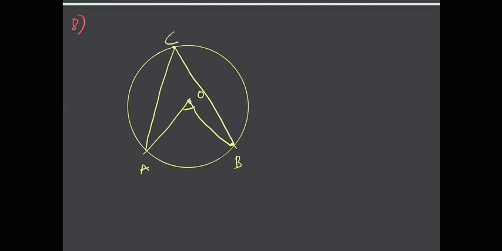So say this is point C, say this is point O. So if this angle is theta, then this would be 2 theta. Okay.